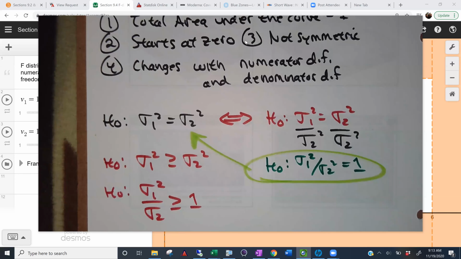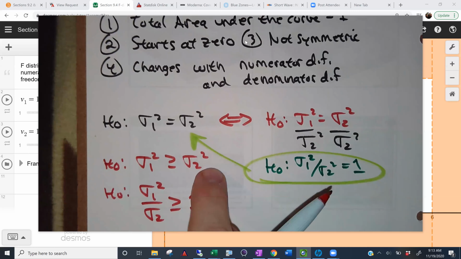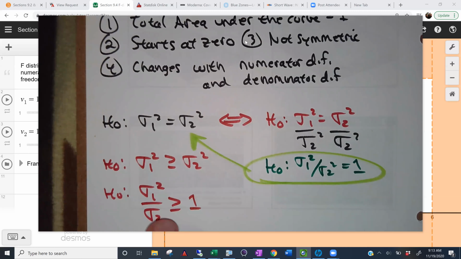So you can still state your null and alternative hypothesis like this, but we are going to be setting up our hypothesis test with the idea that the numerator of these ratios is going to be the bigger term. It's just a little nuance, a little pain that we have to deal with because of what fun working with the F distribution used to be.